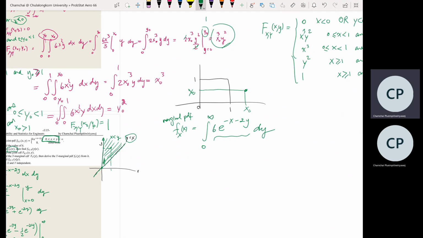Okay, so what is this integral? We don't need the integral anymore.